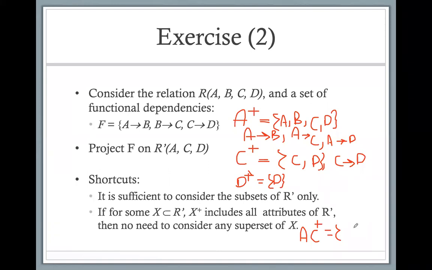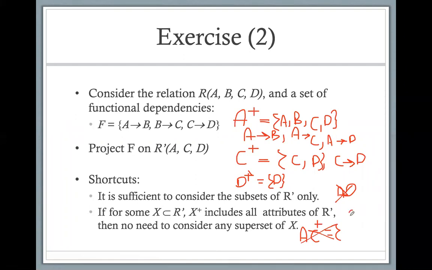So let's do it, since we don't have any attribute that determines, except for A. So I don't have to consider AC and AD, right? Because the closure of A contains all the attributes in R dash. So I don't have to consider AC or AD as well. Why? Because A determines all attributes in R dash, and hence any superset of it is not needed.